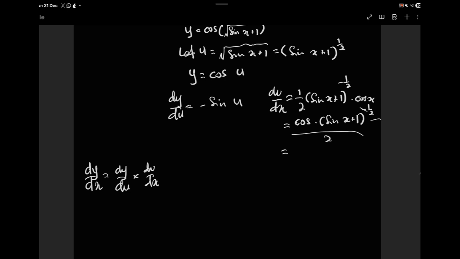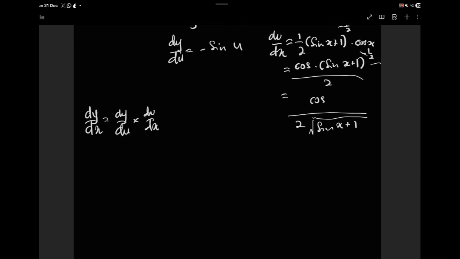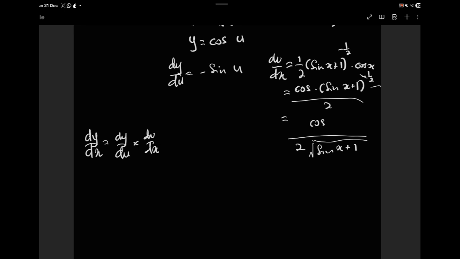So we are going to have cos over 2 times the square root of sine x plus 1. Okay, so this is its final simplified form.